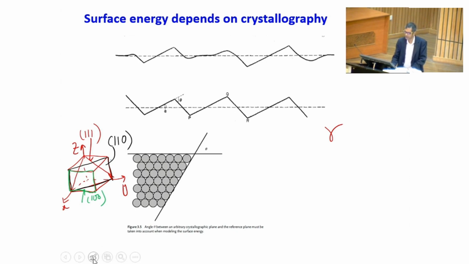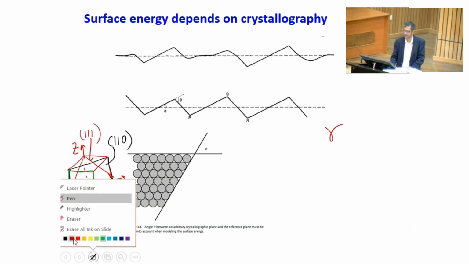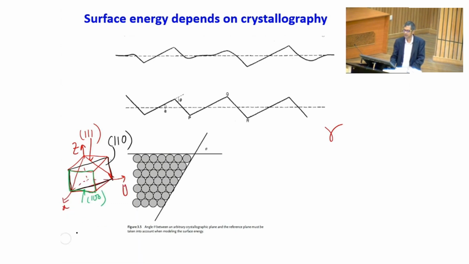So, now I draw the atoms. Let us use a black color to draw the unit cell. I am sorry, because it is at the end of the slide, still it is okay, understandable. Now, I put the atoms, corner atoms.